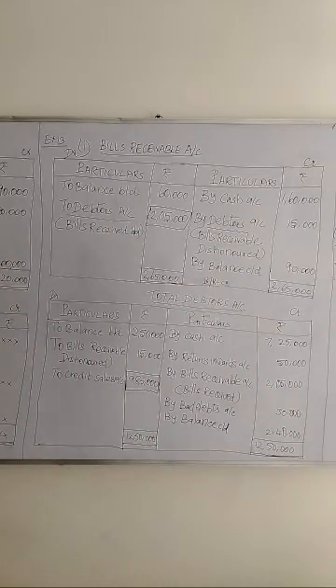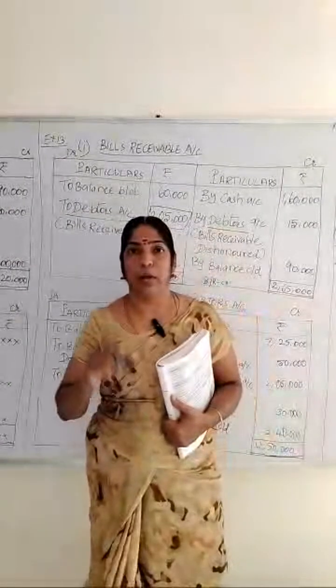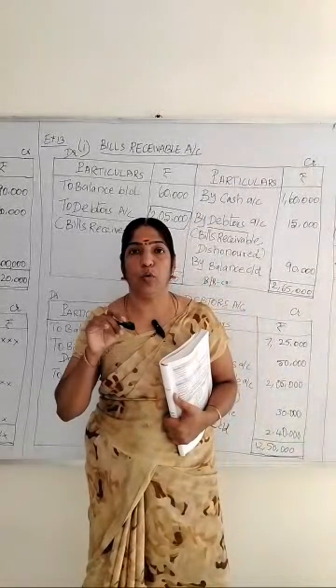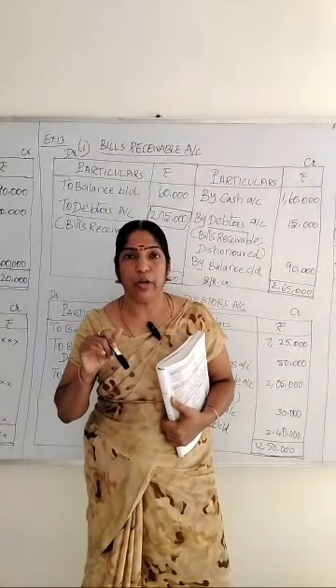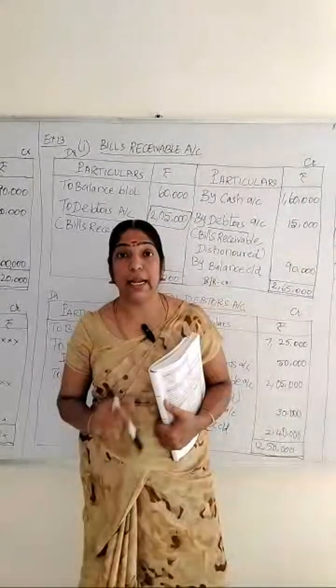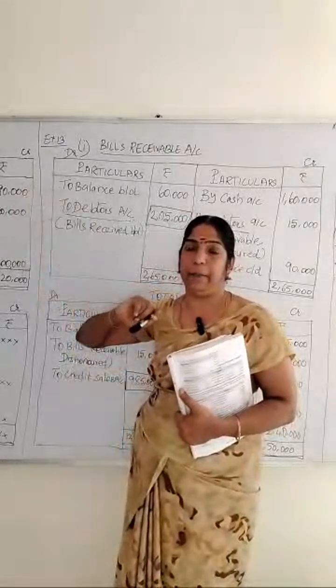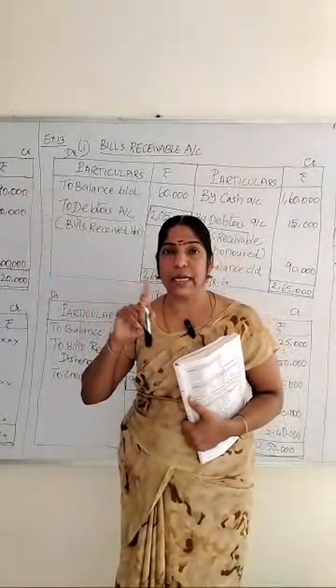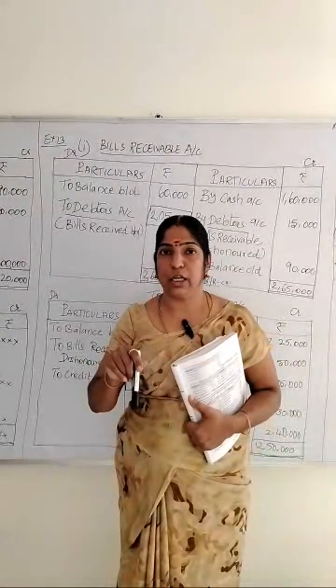Now, which entry do we start with in the bills receivable account? It always starts with the opening balance. Where do we enter the opening balance? In a ledger account, always on the debit side. The bills receivable account is considered a ledger account.